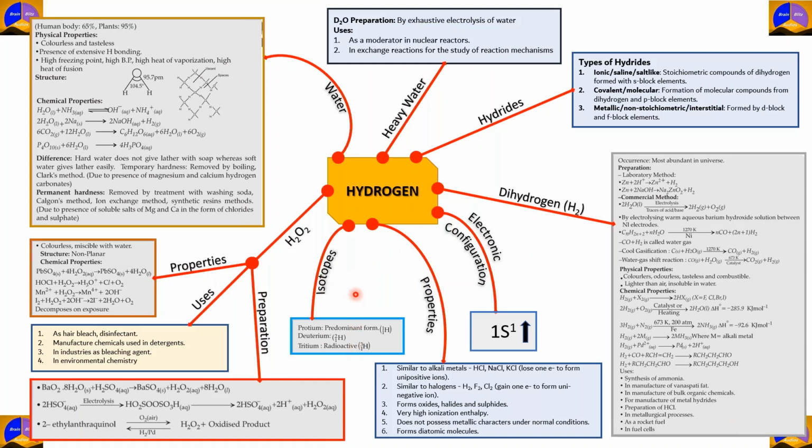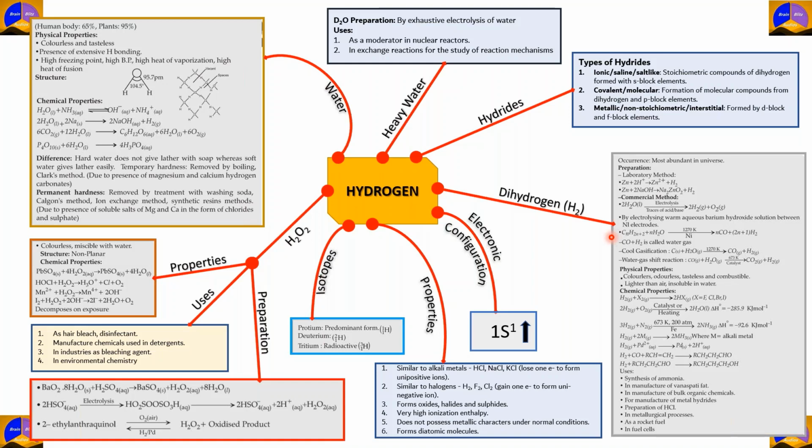Next, we move on to dihydrogen, which is the way that hydrogen exists in nature, its most common form, H2. Now we'll look at its preparation, commercial method, physical properties, and chemical properties, as well as uses. Okay, so we'll learn a lot about dihydrogen.